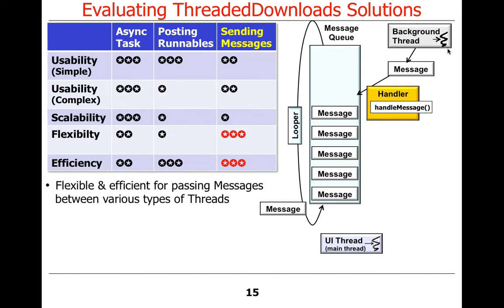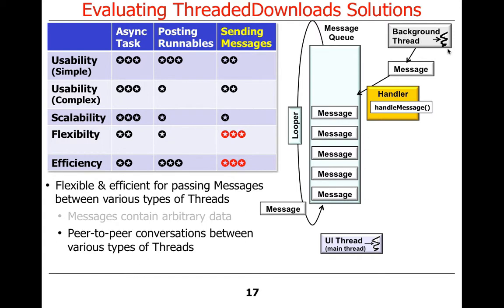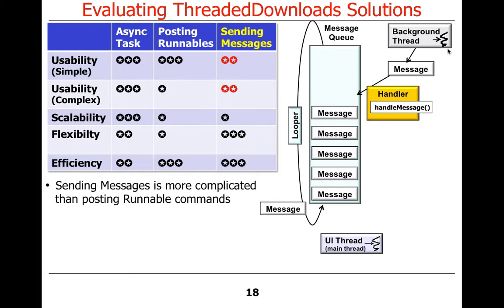Message passing, in contrast, is very flexible and efficient. Again, for the same reasons, you can rearrange things and wire them up in all kinds of crazy ways. You can pass arbitrary data. You can have peer-to-peer conversations where you're sending messages back and forth between different threads, and there could be many of them. But you have a lot of programming to do. So you have to worry about writing the handle message hook method.